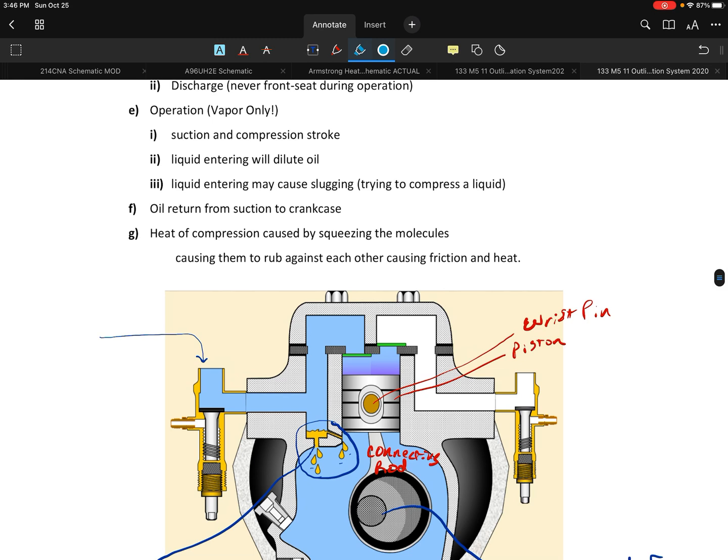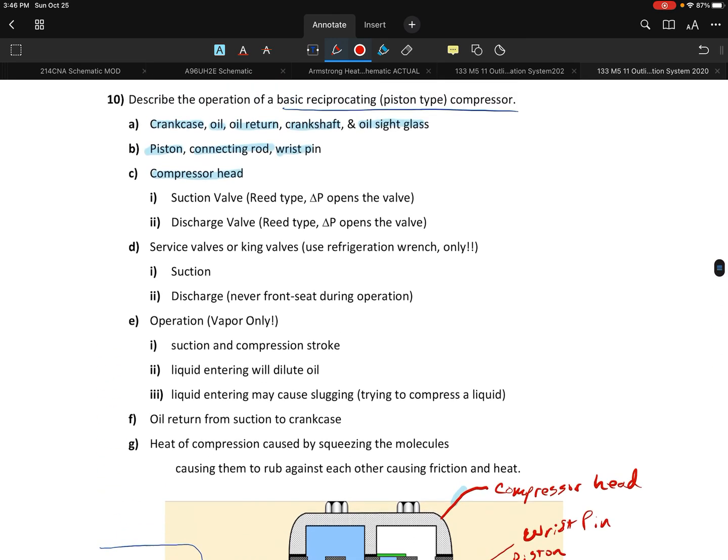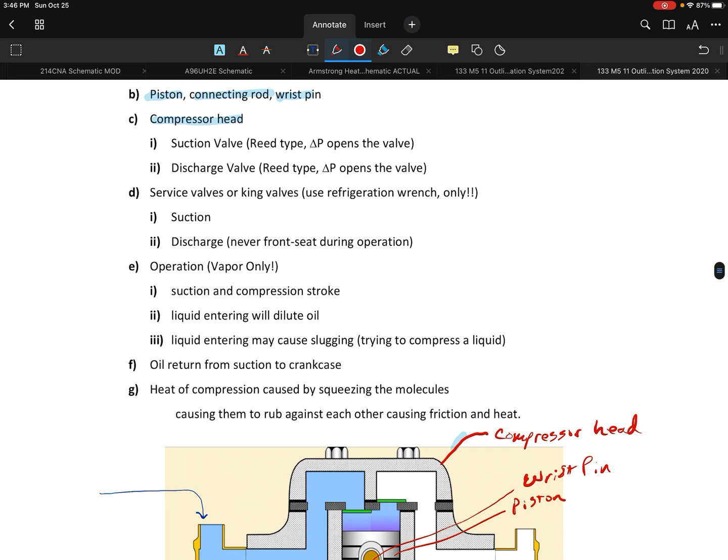So that is actually what we're going to call the compressor head. That's really the top of the compressor. As a general rule, we call it the head of the compressor, the cylinder heads, you can say.